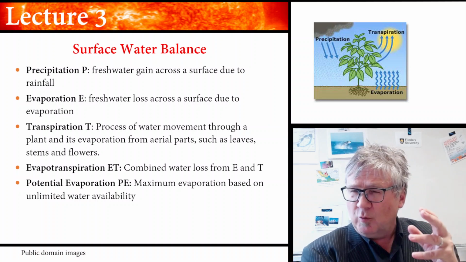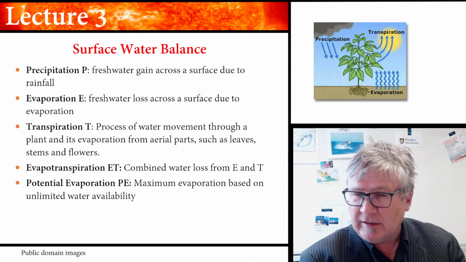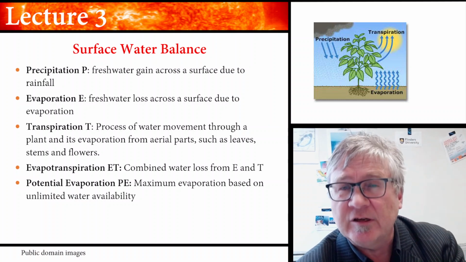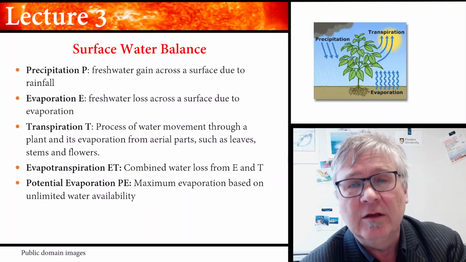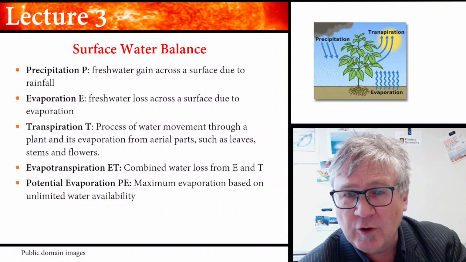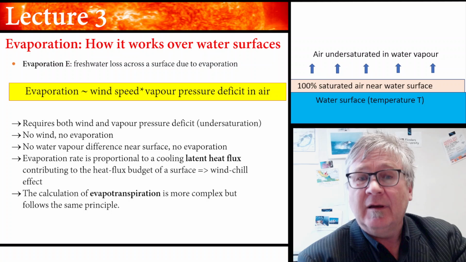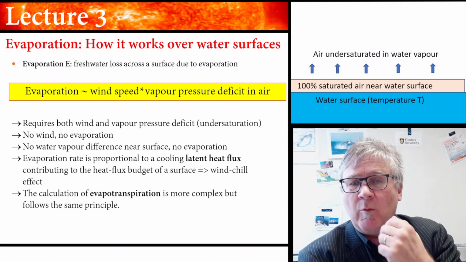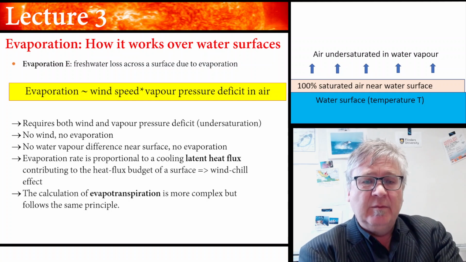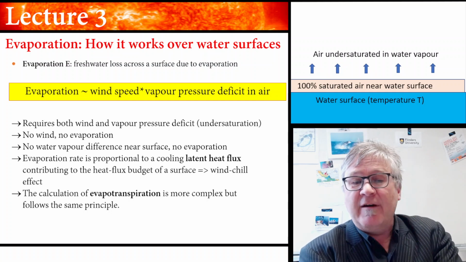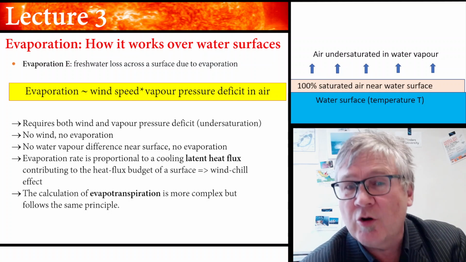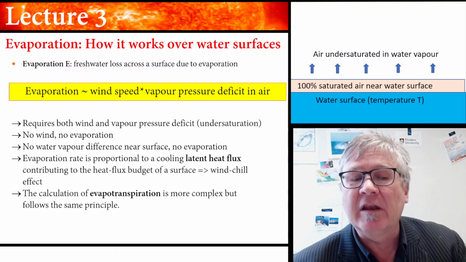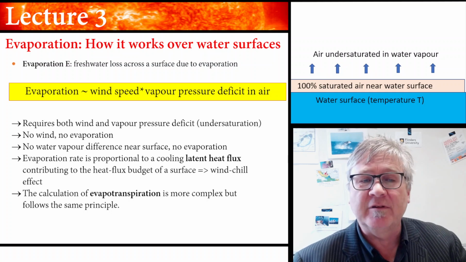Before we go into more detail of that method, I just want to talk a little bit about evaporation so that you get an idea of how it works. Okay? And I will only talk about how it works over water surfaces, because the evapotranspiration bit is more complex to explain, but it follows similar principles.